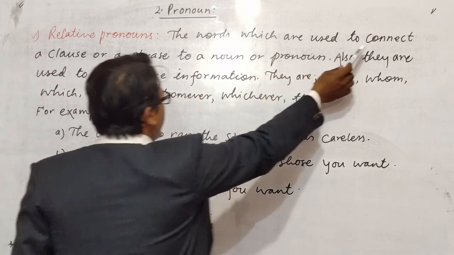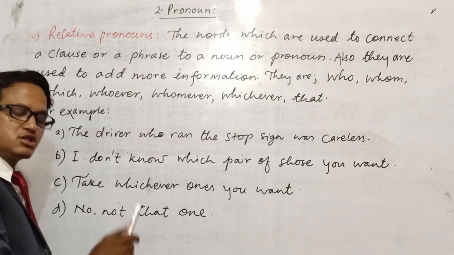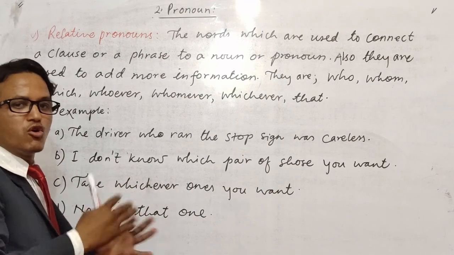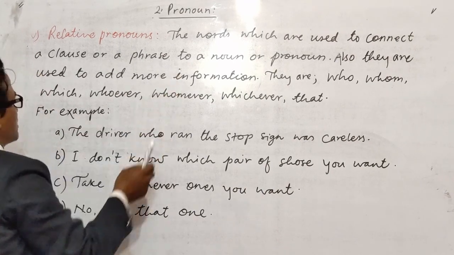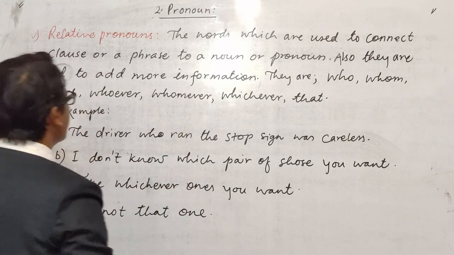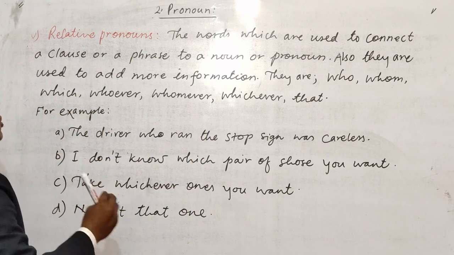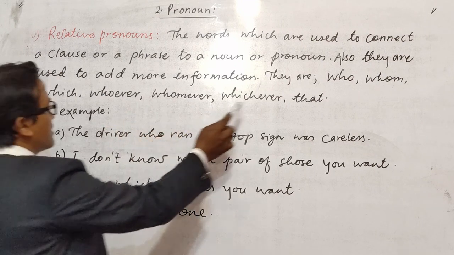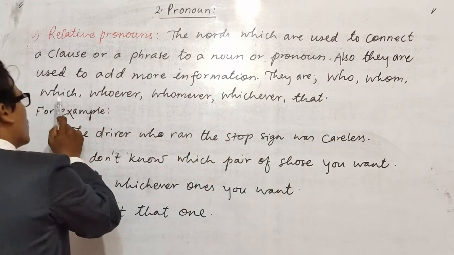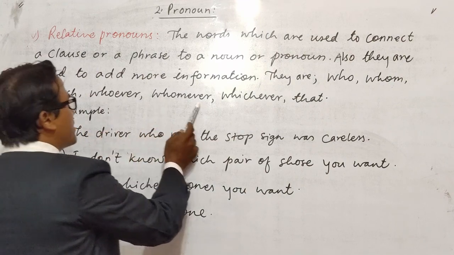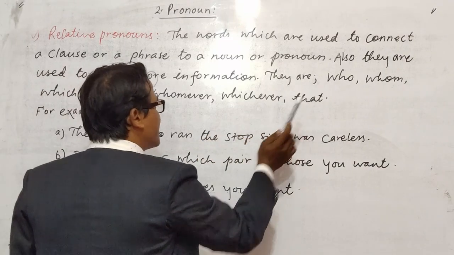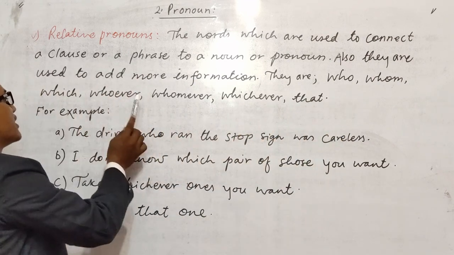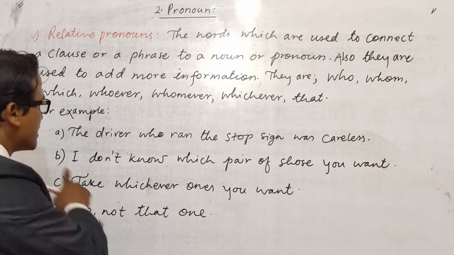So this connects a clause or phrase. It joins two clauses, meaning two sentences or phrases. So they are what? Relative pronouns. This is used to make the connection. They are who, whom, which, whoever, whomever, whichever, and that. So these words are used as relative clauses in the sentence.